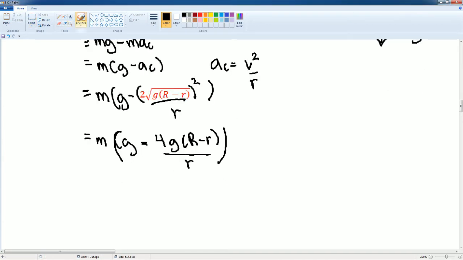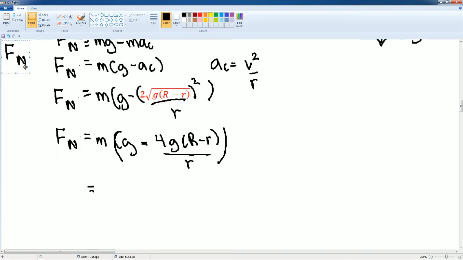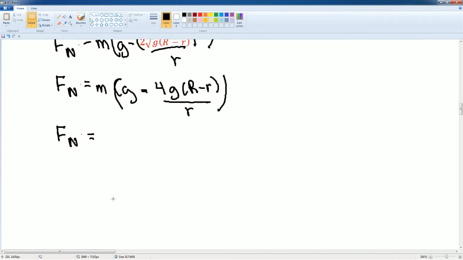I need to get Fn in terms of something, so I have to clean this up. Remember, this is equal to Fn. Fn is still on the left side, but I haven't been writing it. Then let's just distribute.